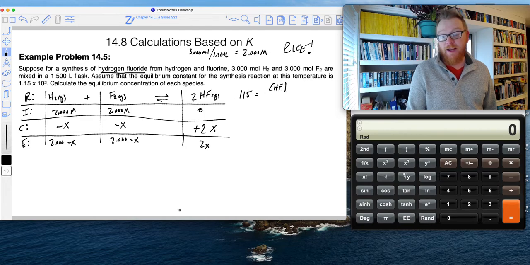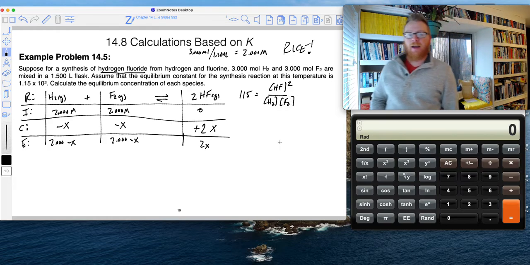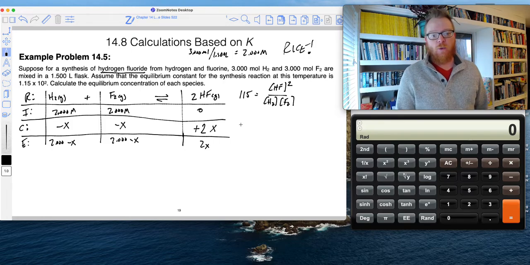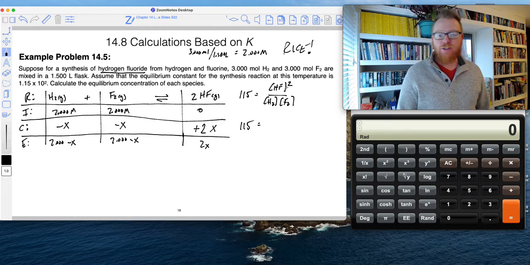But we remember, because there's a 2 in front of there, we've got to say squared, divided by H2 times F2. Okay, great. And so now we can plug all this stuff in. So we can say 115 equals. And so now we want to plug in 2x into HF, but we remember that this is squared.